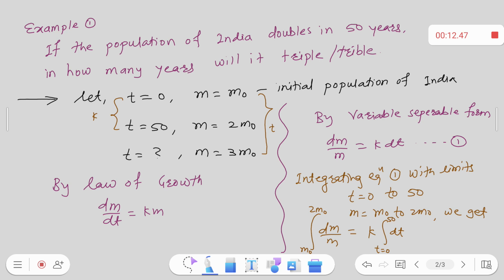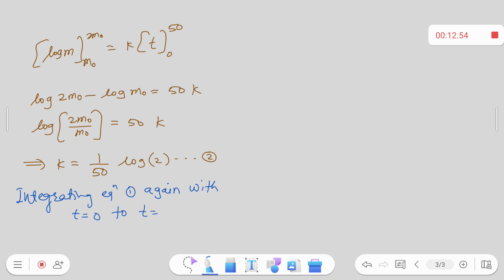So when we use first and third, then t is from 0 to unknown. Okay, so just assume it as t1 and m is from m0 to 3m0.